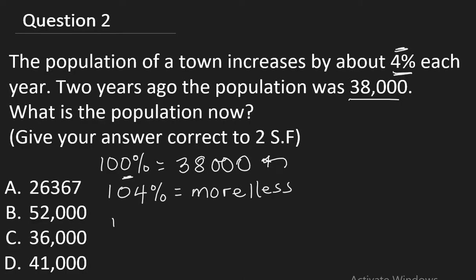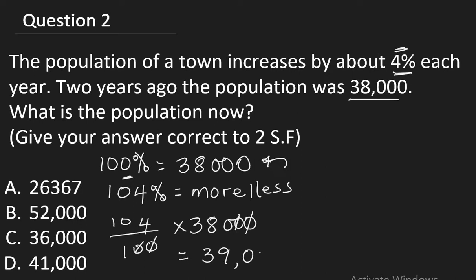So more is 104%, the percent symbol cancels out, and the less is 100, times 38,000 will give you the value for last year. These two zeros cancel these two zeros. 104 times 380 will give us 39,520. Now this figure is the figure for last year.